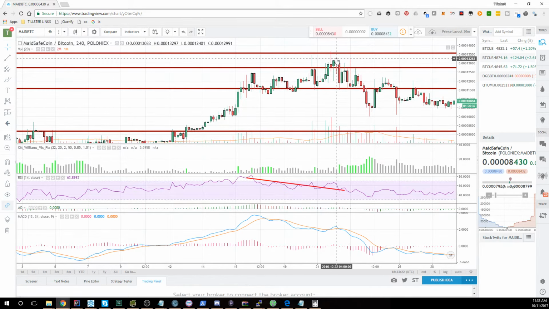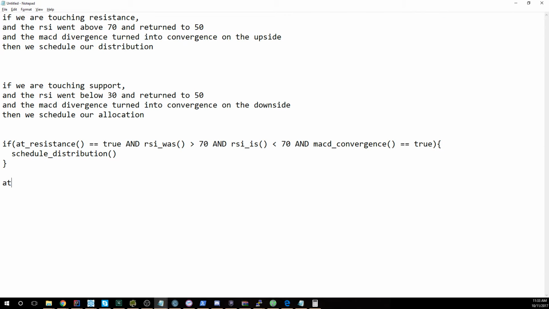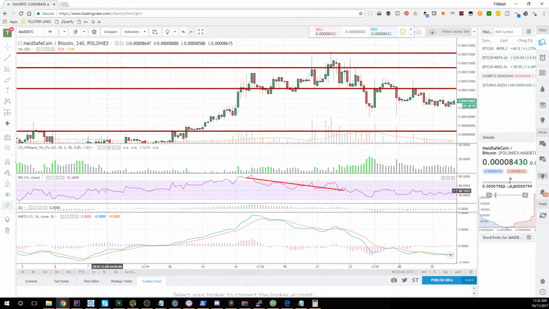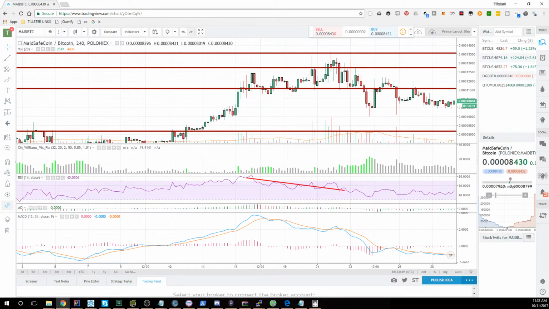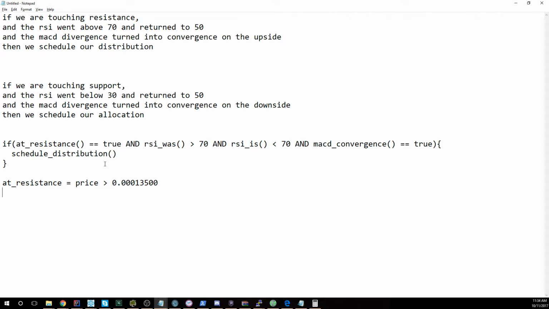In this case, at resistance means okay. Now we have the first part of our strategy programmed.